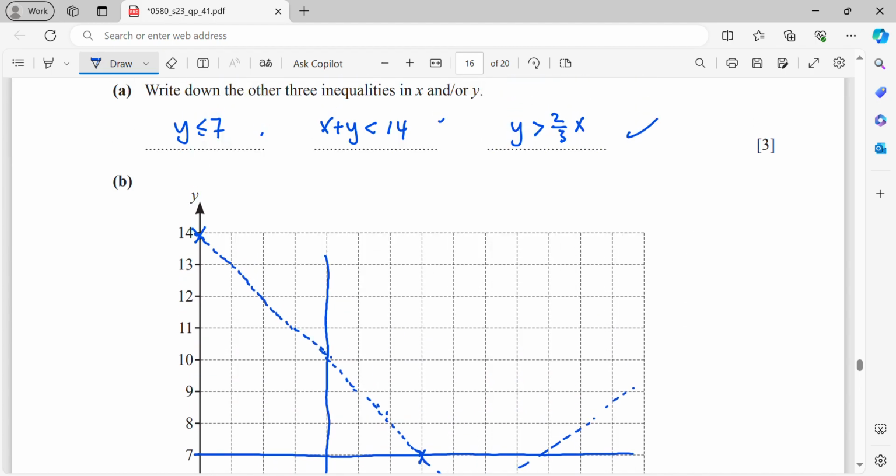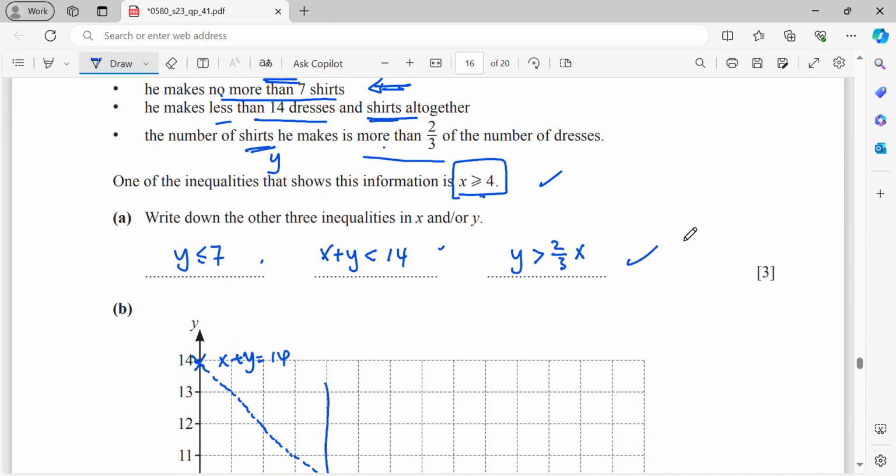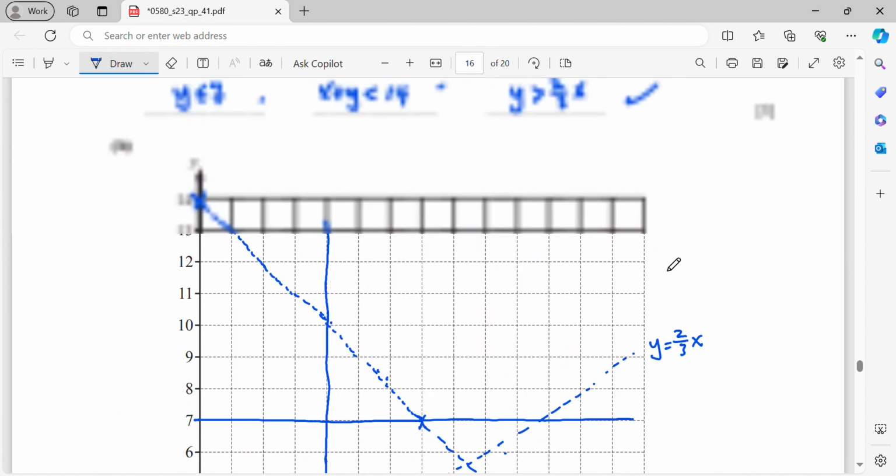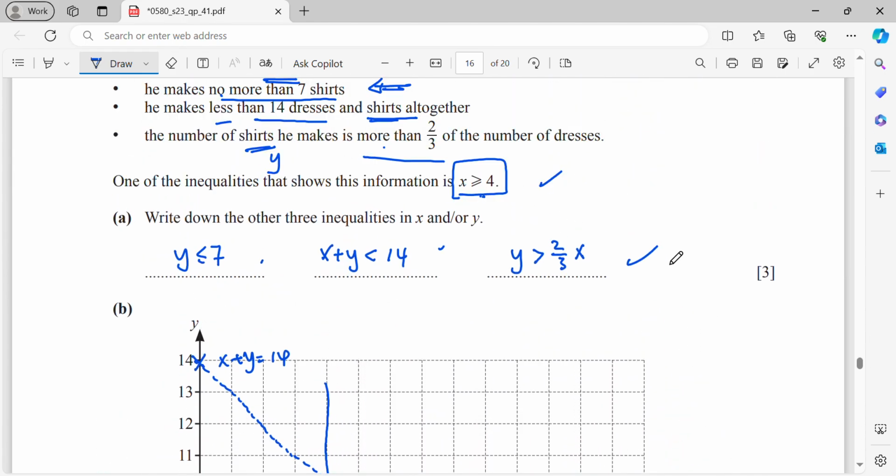Okay, so this is y equals 2 over 3x. Right, this is x plus y equals 14. Now, from here, you need to draw the unwanted line to get the R. So firstly, x greater than or equal to 4. So now you need to draw x less than 4.